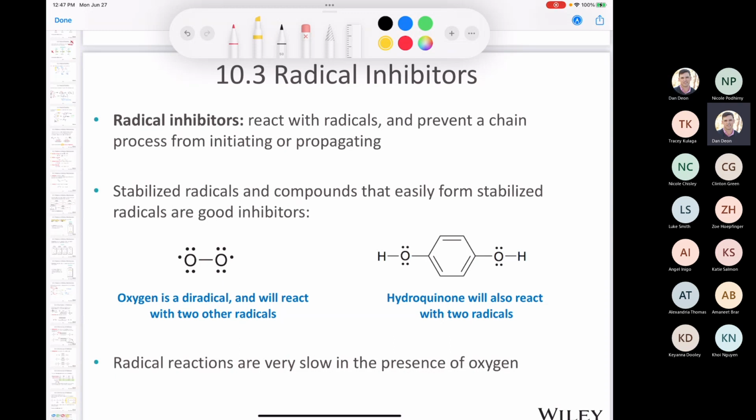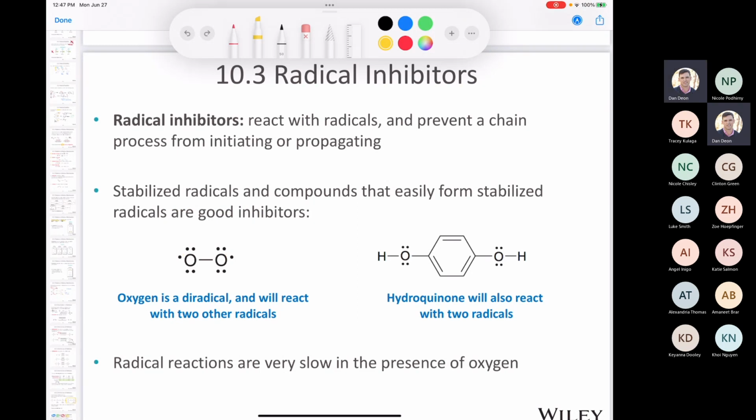And what makes a good radical inhibitor? What's something that's going to gobble up radicals or consume them so you don't have them? Well, it says that a stabilized radical, or a compound that forms a stabilized radical, is good at getting rid of them. For example, oxygen is actually a diradical, and so it can react with other radicals.